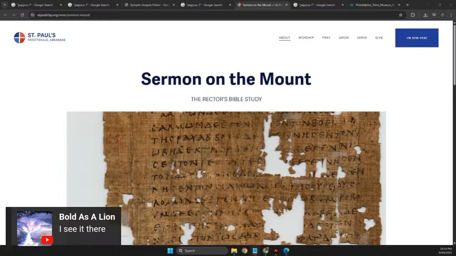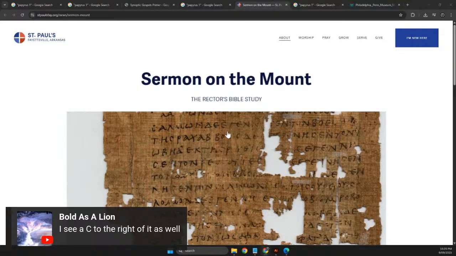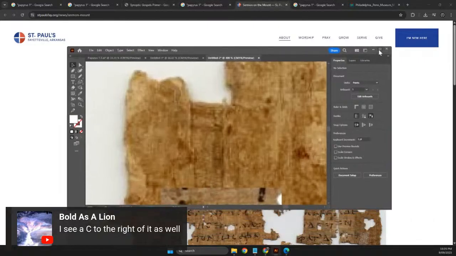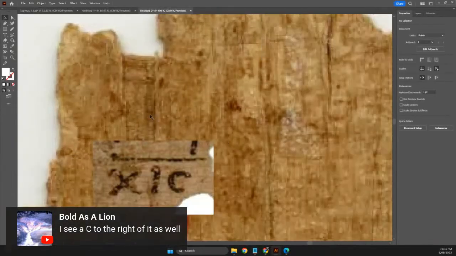Okay. So Boulder's line says, I see a C to the right of it as well. Okay, I guess, let me have another look at that. Bring it here. So when you're saying to the right of it, oh, you mean here. Okay. Like there.